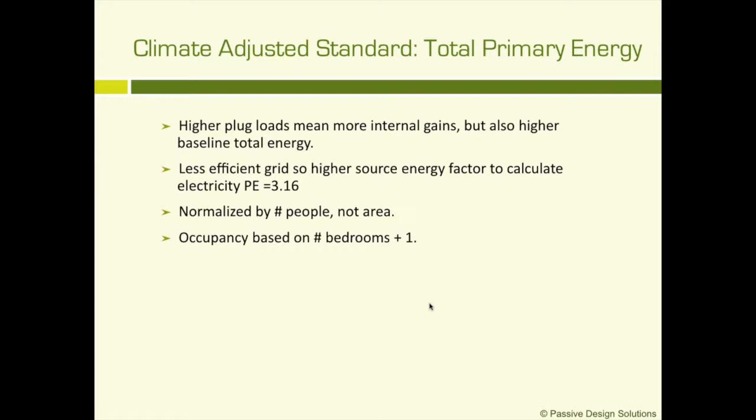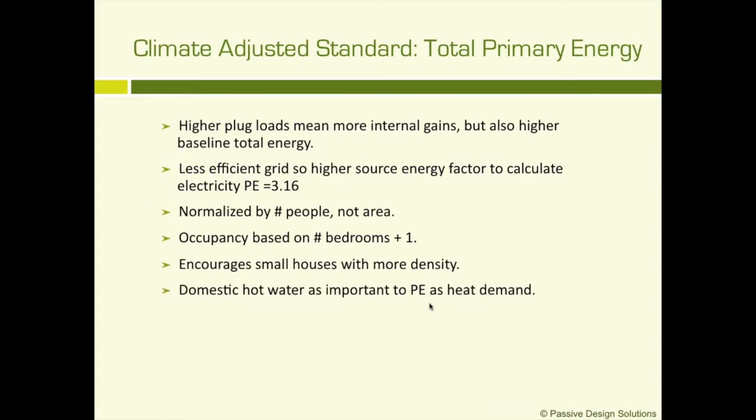So if you're doing a multifamily unit, let's say you have a quadruplex with 4 2-bedroom apartments, then your occupancy is 12. So number of bedrooms plus 1 for each unit. This really encourages small houses with more density, which I think everybody would agree is a better green principle going forward overall.